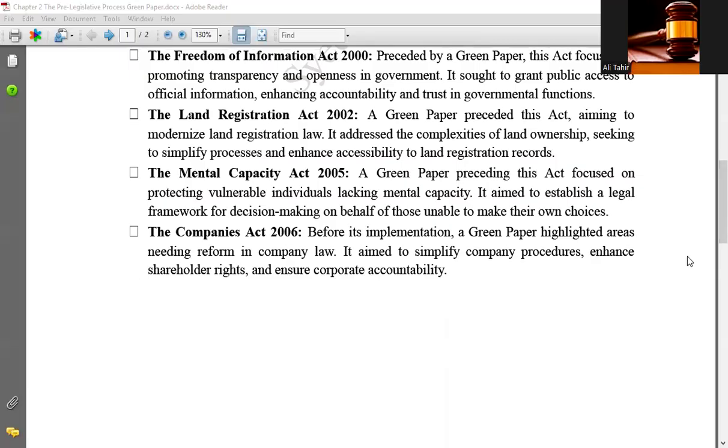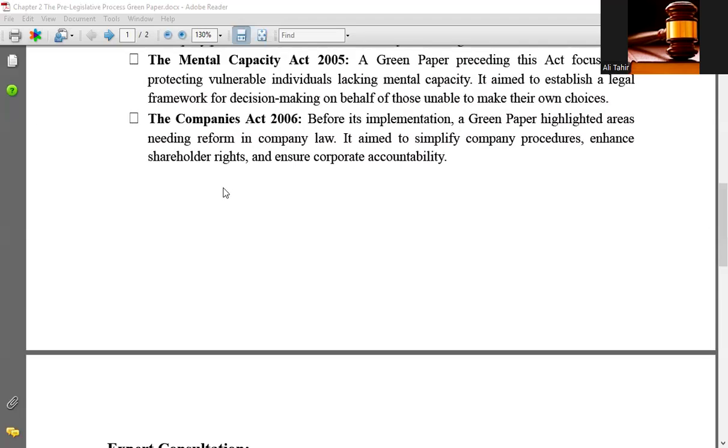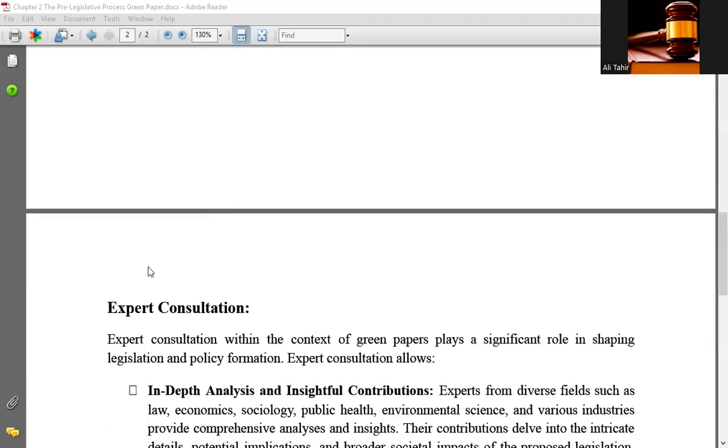The Companies Act deals with how companies are formed, how they will be dissolved, who will be on their boards, what is the nature of a company, and how the corporate veil, the veil that safeguards the directors and the office holders of the company from direct prosecution, can be treated. All of these things were addressed through a green paper because we had a lot of accountants and corporate professionals contributing to the nuances and the intricate things available to it.